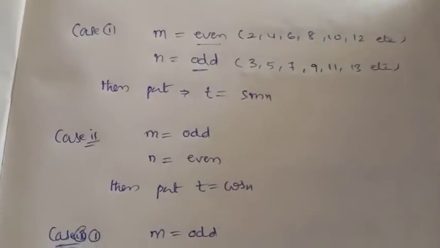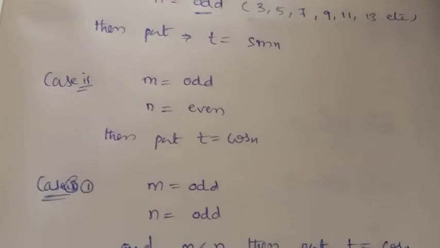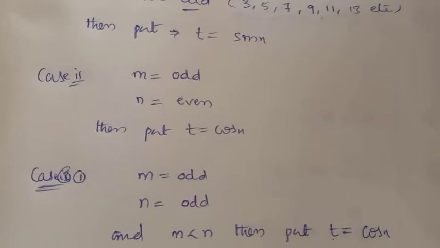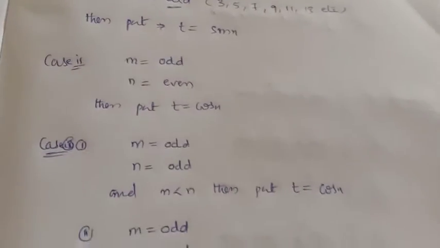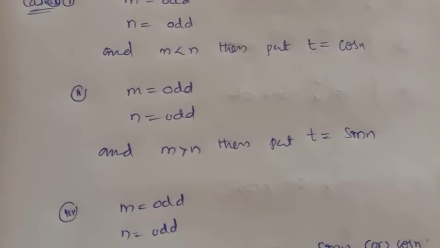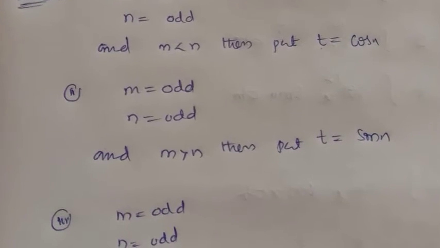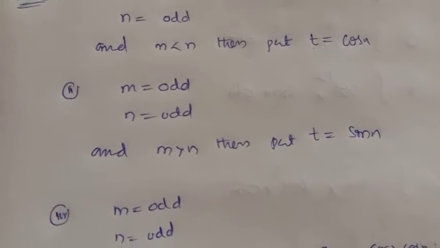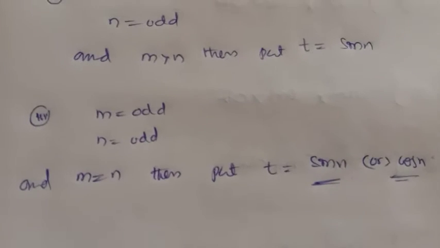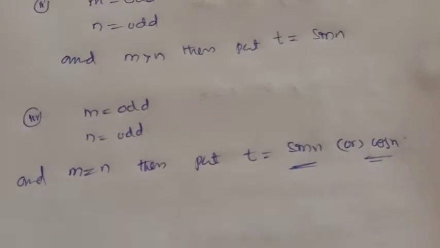And case 2, the power of sin x is odd number, then power of cos x is even number, then put t equal to cos x. Here case 3 is both are odd numbers, and first case m less than n, then put t equal to cos x, and second case m greater than n, then put t equal to sin x, and both are equal, then put either t equal to sin x or cos x.